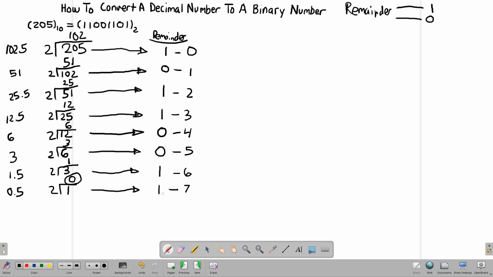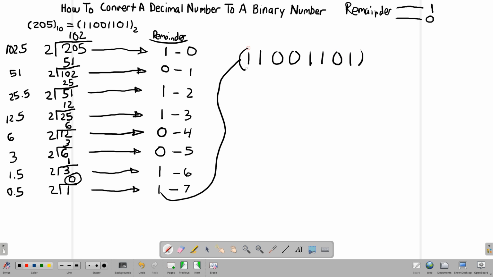So we'll take the 1 up here. So it's 1, 1, 0, 0, 1, 1, 0, 1. And of course, this is a binary representation, and it matches exactly our expected value. And this is what we wanted to show.